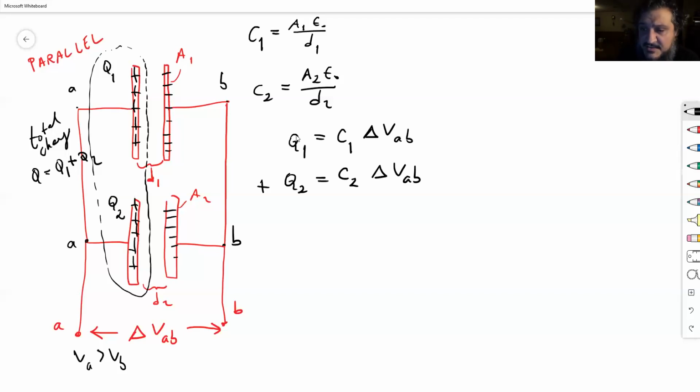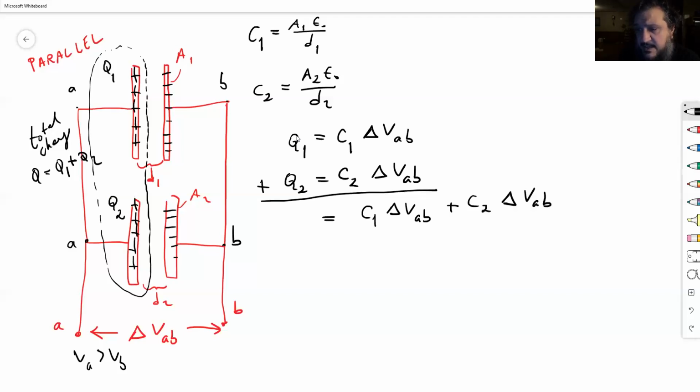If I add these two, Q1 plus Q2, I get the total charge, Q. On the right-hand side, I will have C1 delta VAB plus C2 delta VAB.